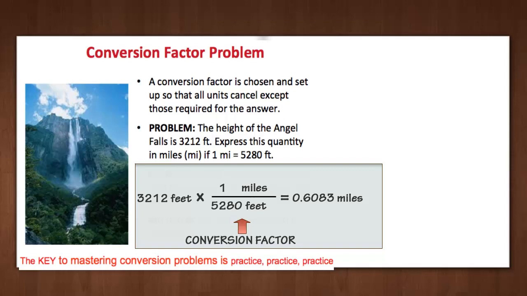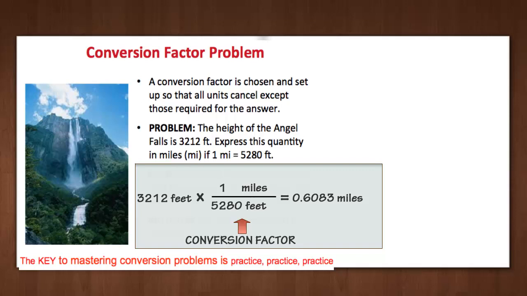So in the bottom of the fraction, we put 5,280 feet. In the numerator, or the top of the fraction, we put 1 mile. We know that 1 mile is physically equivalent to 5,280 feet. We were told that in the problem. These are exactly the same distance, just with different units. So again, our conversion factor is valid for converting into miles from feet.